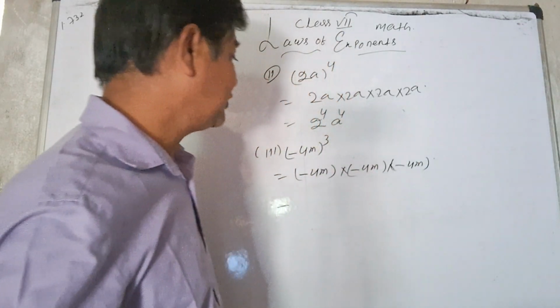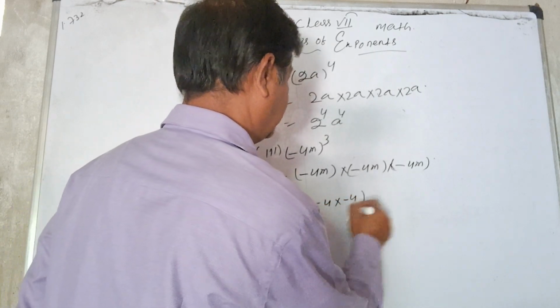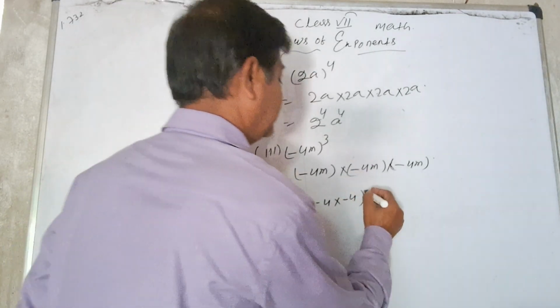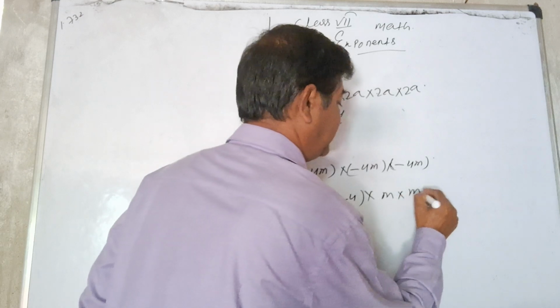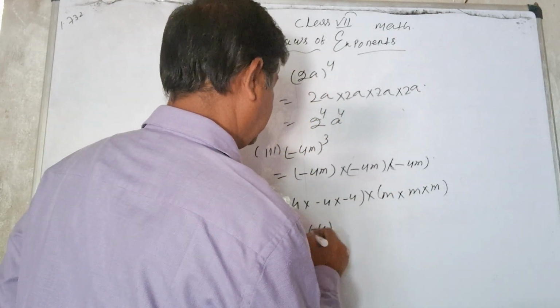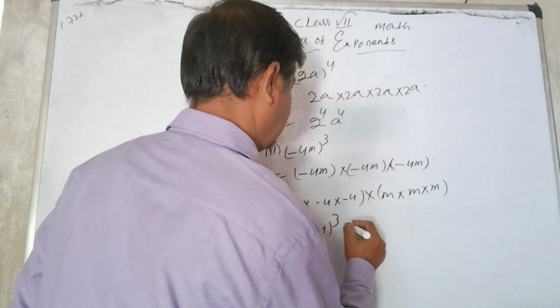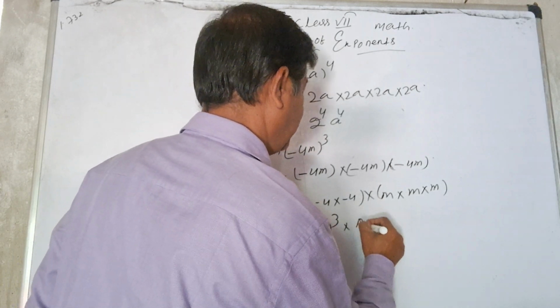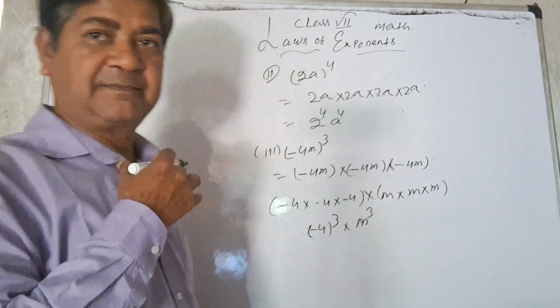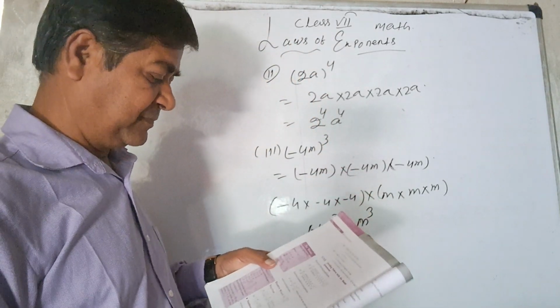Minus 4 into minus 4 into minus 4, there are 3. Similarly, m into m into m. Minus 4 to the power 3 and m to the power 3 is your answer.